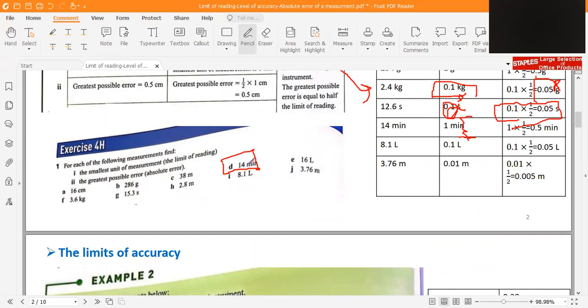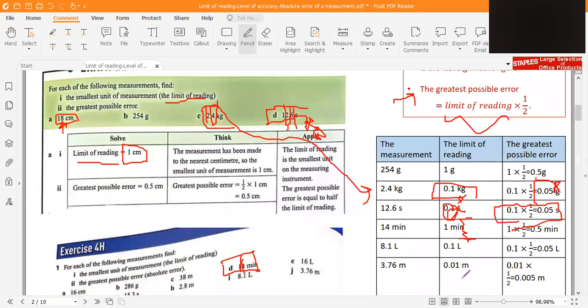So for 14, the last significant figure, counting from left to right, 4, is located in the unit digit. So the limit of reading is 1 minute, and the greatest possible error, half of it, is 0.5 minutes.